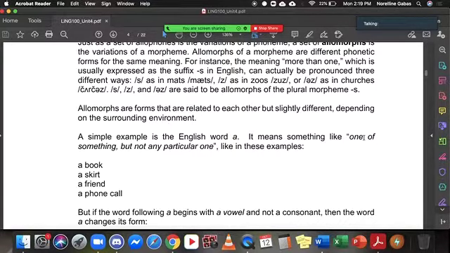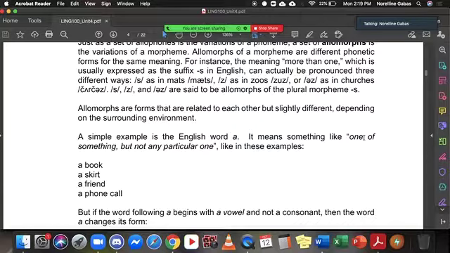surrounding environment. Para meron din siyang environment na kailangan i-consider. Parang yung phonetic environment o yung katabi niya or yung relationship niya sa sentence or sa words or sa phrases. Okay? A simple example is the word a, as in a. It means something like one of something.